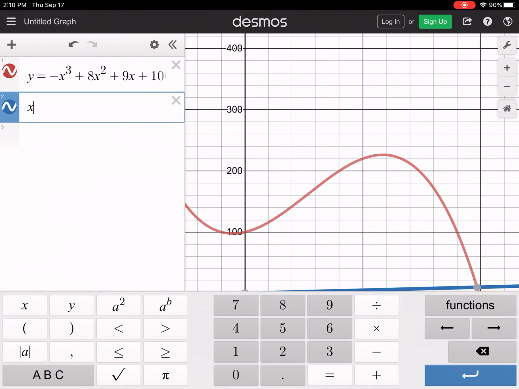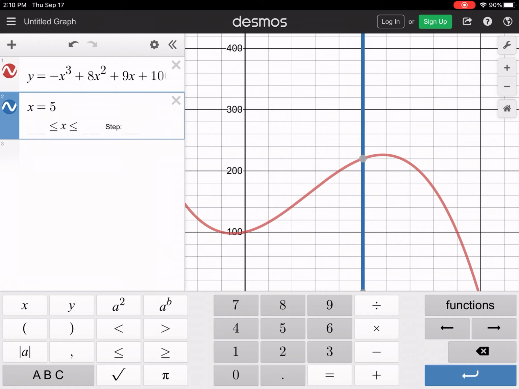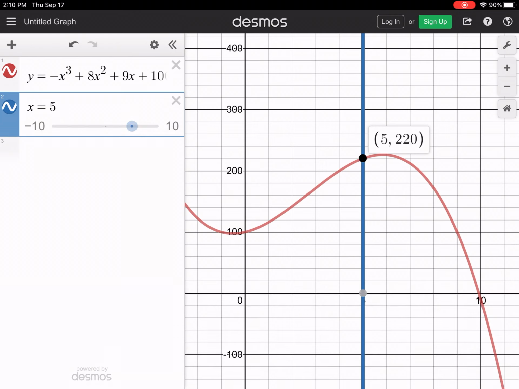If I say X equals 5 for $5, it creates a vertical line, and then I can clearly see what the point of intersection is. X is $5 and Y is 220, and that would be our unit sold. Now remember that 220 is hundreds, so we have to add a couple zeros to the end, so it would actually be 22,000 bottles sold.